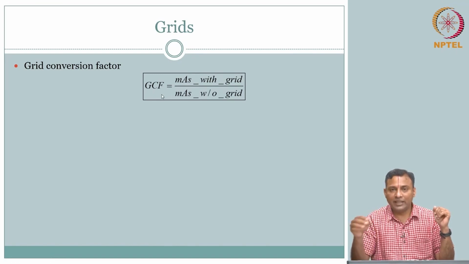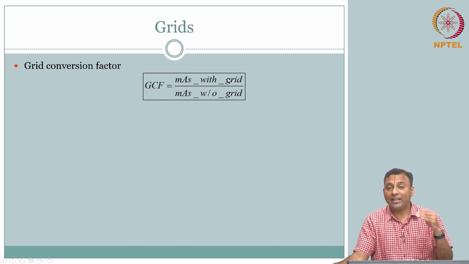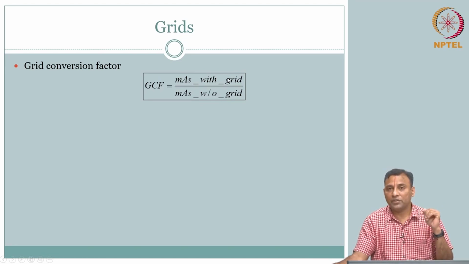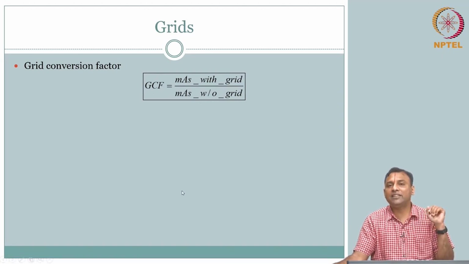The moment I use the grid, my noise is going down, but my signal is also going down. Whereas without the grid, I have both: the signal is there, the noise is also there. So, what does this GCF do? GCF allows us to capture this sentiment: how much of the signal to noise ratio you are gaining because of having the grid.